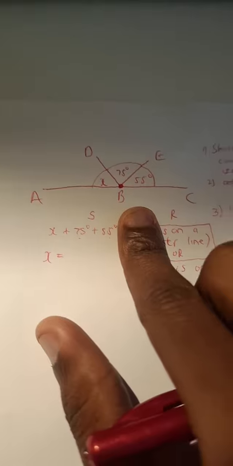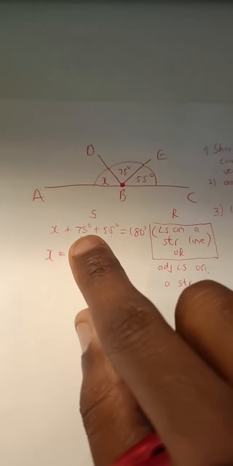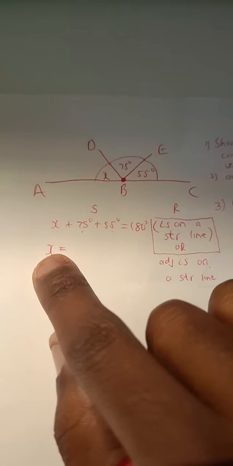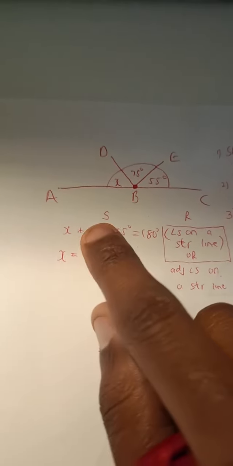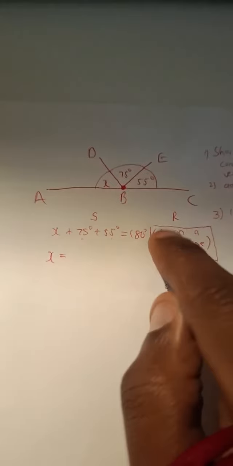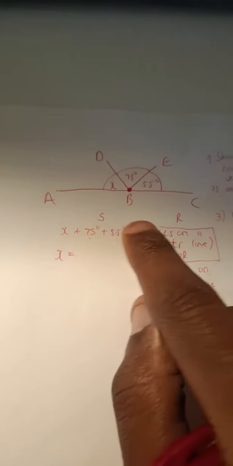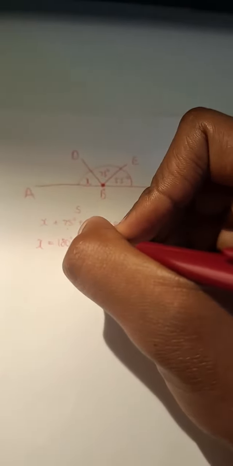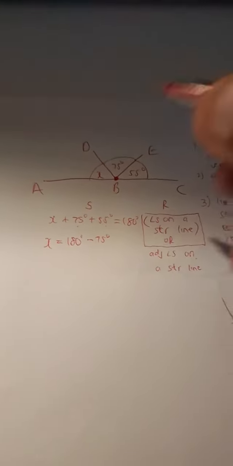There are three terms. So what you can then do is you can take these two terms, have X isolated on its own on the left, and you can transpose, meaning you can move 75 to the right, and 55 to the right. What happens is that when they move to the right, the 75 becomes negative 75.